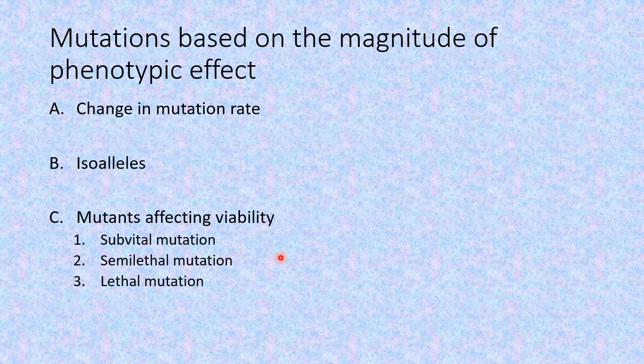Now the mutants may have obvious effects. They may affect the viability of the particular organism or the particular cell. They may be lethal. That is, once that mutation takes place, it results in the death of the affected organism, as we have seen while dealing with the allelic gene interactions. Or they may be semi-lethal mutations.